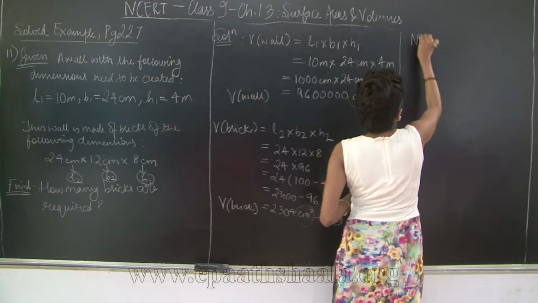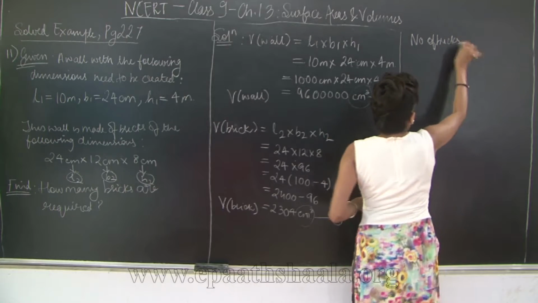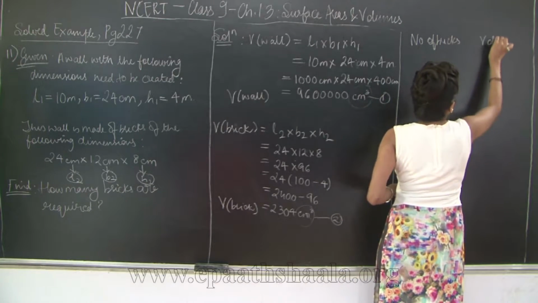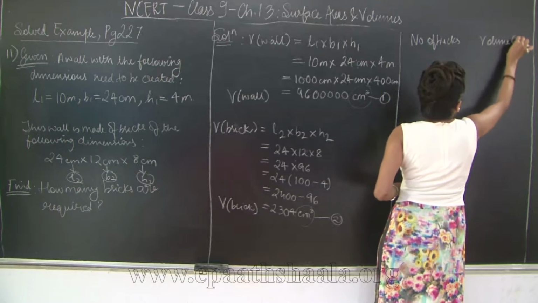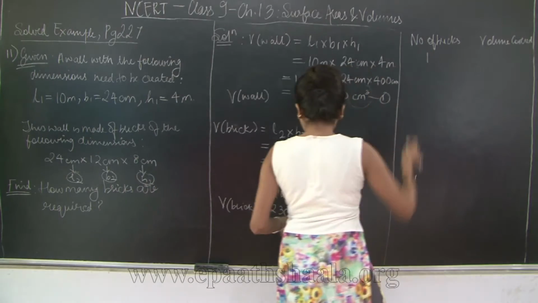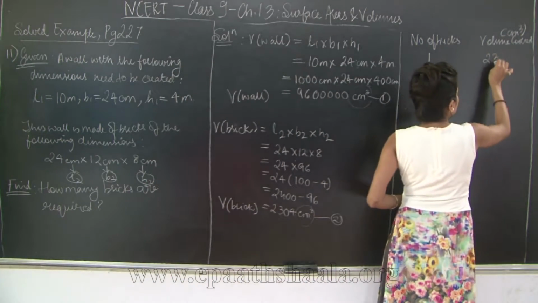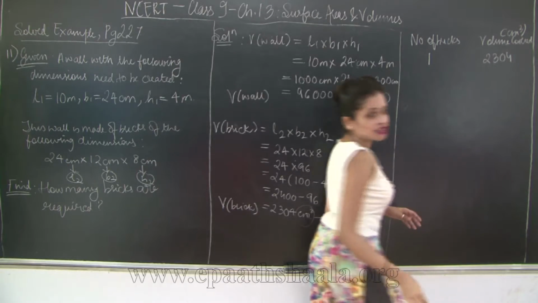So I'll say number of bricks and volume covered. One brick covers how much volume? 2304 cubic centimeters of volume.